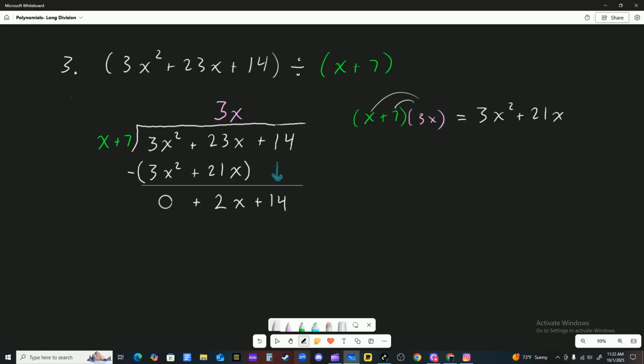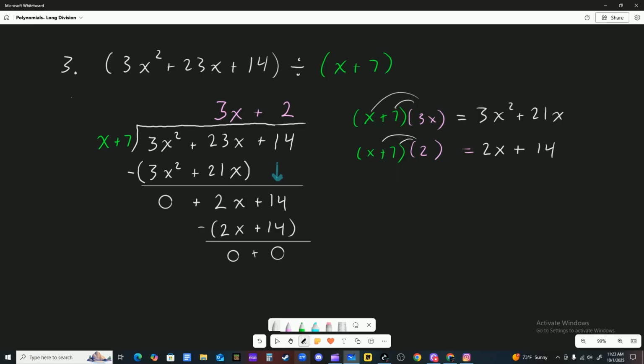So now I need to multiply x plus 7 times something to give me 2x, and that something is simply 2. So I get 2x plus 14, and I'm subtracting the whole thing. 2x minus 2x is 0, and 14 minus 14 is 0.